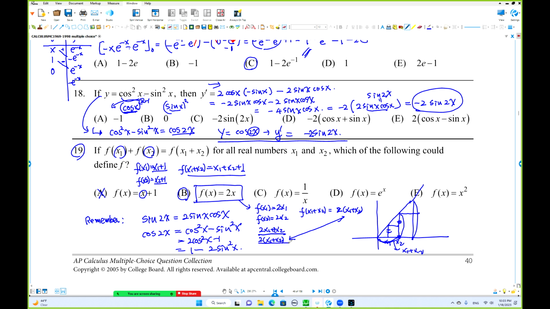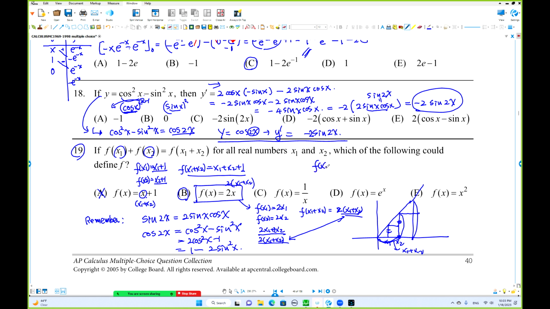Put x1 plus x2 into the x, and it's 2 times x1 plus x2, which equals this one. So choice B is the answer. Choice C is not working. Choice D is not working either.